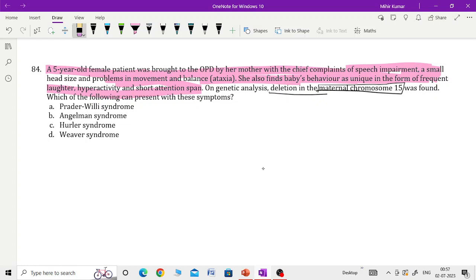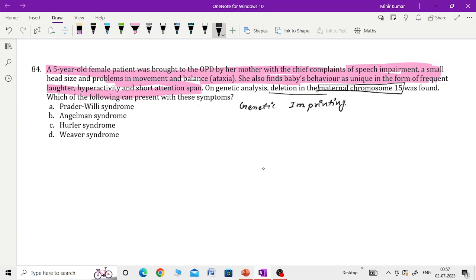Which of the following can present with these symptoms? First of all, this is a question that comes from genetic imprinting. This question was asked by the CSIR also this time.